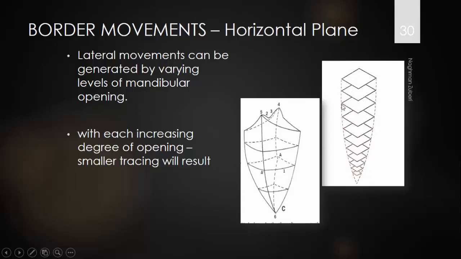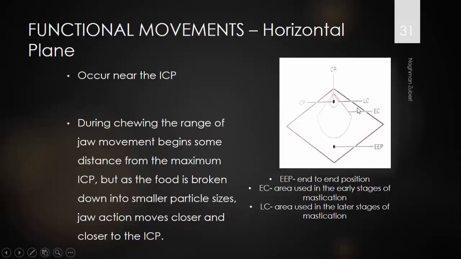The functional movement in the horizontal plane occurs near the intercuspal position. This is the intercuspal position, the centric relation position. During chewing, the range of jaw movement begins some distance from the maximum intercuspal position, but as the food is broken down into smaller particle sizes, jaw action moves closer and closer to the intercuspal position.